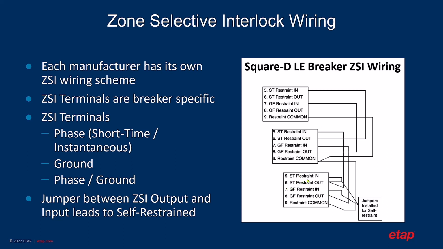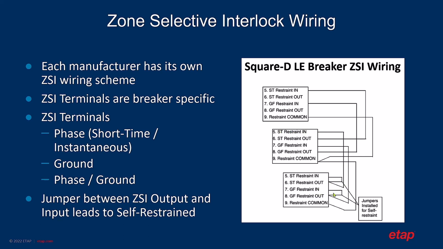The downstream breaker terminals are jumped together, right? You see the output of the short time is jumped with the input. So this is the self-restraint wiring implemented for the downstream breaker. And also, after jumping between the input and output, we are connecting this output to the input of the upstream breaker.